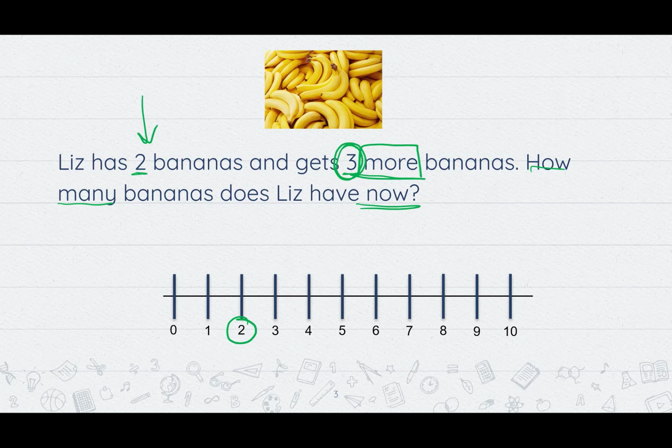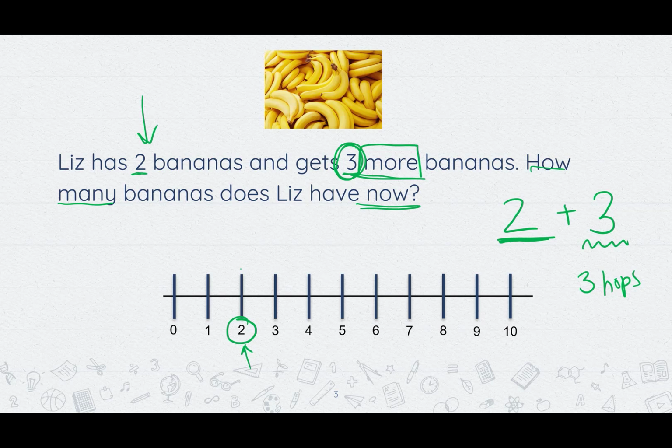So I know when I'm using my number line, this is going to be 2 plus 3. And I remember from when I learned about number lines that this is the number that we start with, and this is how many hops we're going to do on our number line. So I have 2 down here already. I'm starting with 2, but now I need to do 3 hops.